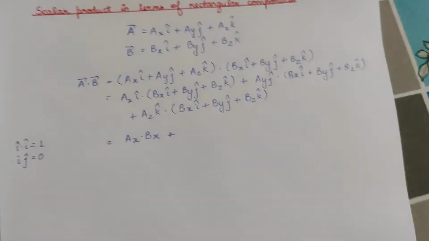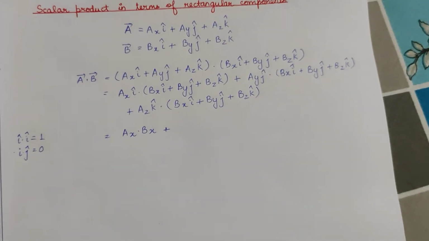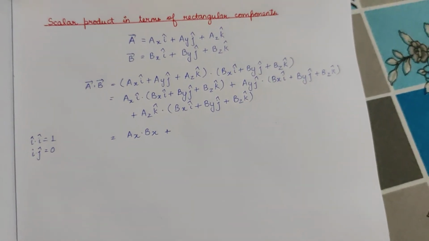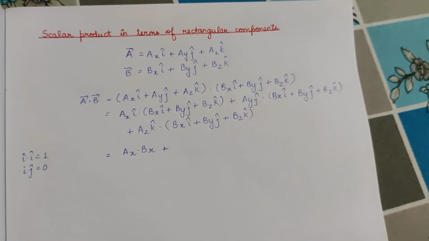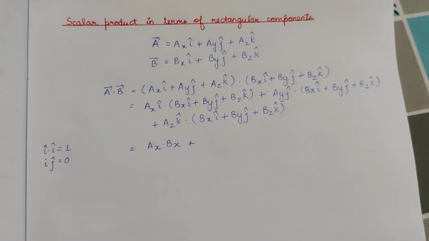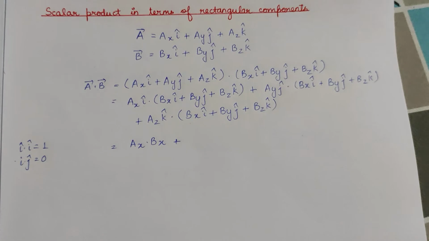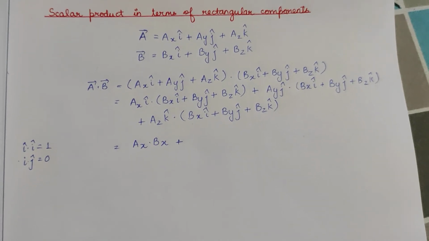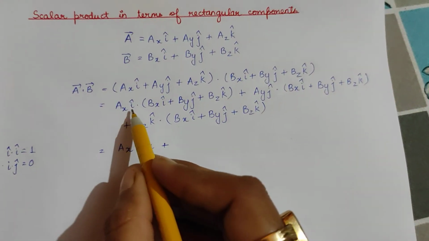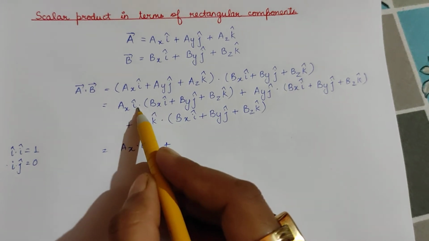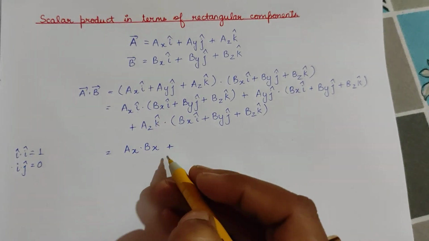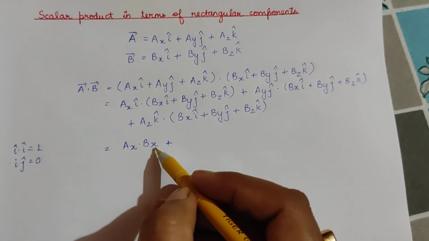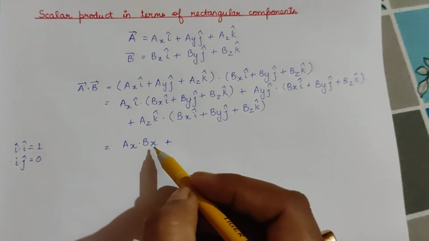In a similar manner, if we multiply the same unit vector, we get the dot product as 1, but if we multiply different unit vectors, then we get the dot product as 0. So in this case, unit vector I dot unit vector I will give us 1. So AX into BX into 1 will give us AX BX.